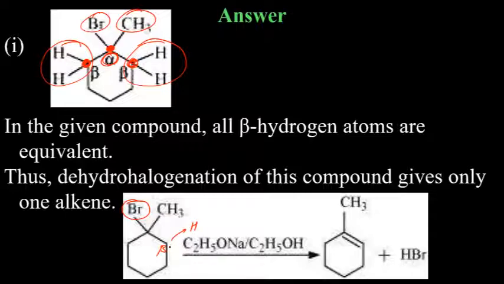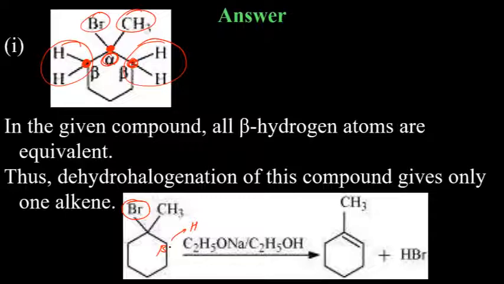Remember, the reaction is very similar to alcoholic KOH. It is dehydrohalogenation. Dehydrohalogenation is always beta elimination in these cases, whether it is done by alcoholic KOH or by sodium ethoxide and ethanol. You need to remember this, as it will be used for conversions. So just memorize it, say it to yourself 2-3 times.